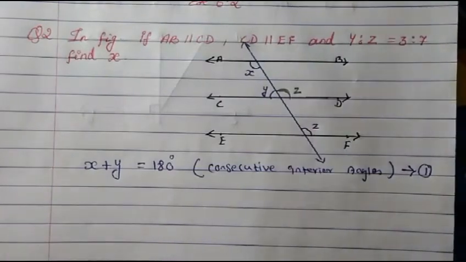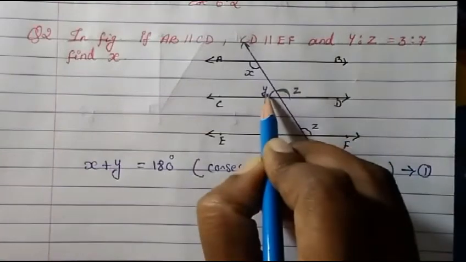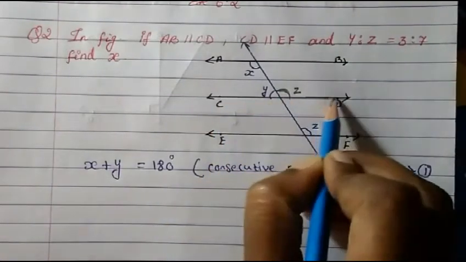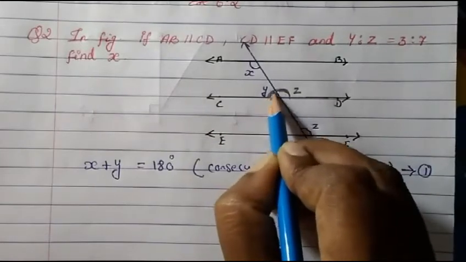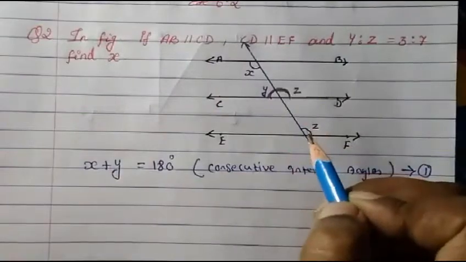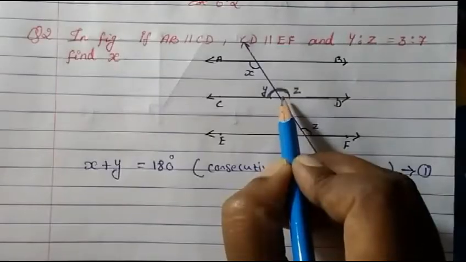If that is the case, now look at this. Y plus z, can we say it is 180? Because this is a straight line, the whole thing becomes 180, since the angle formed on a straight line is 180, and we call it a linear pair.